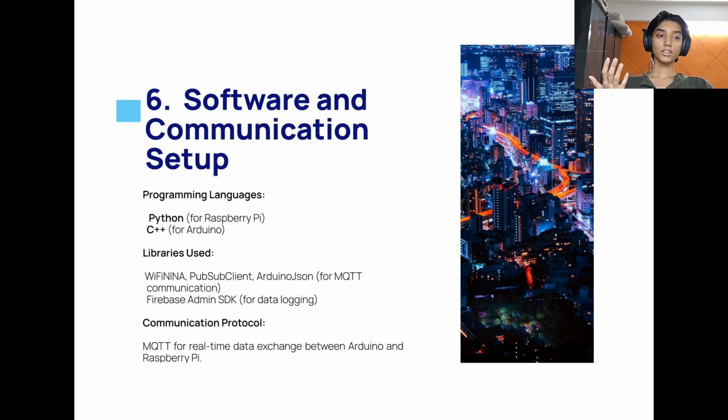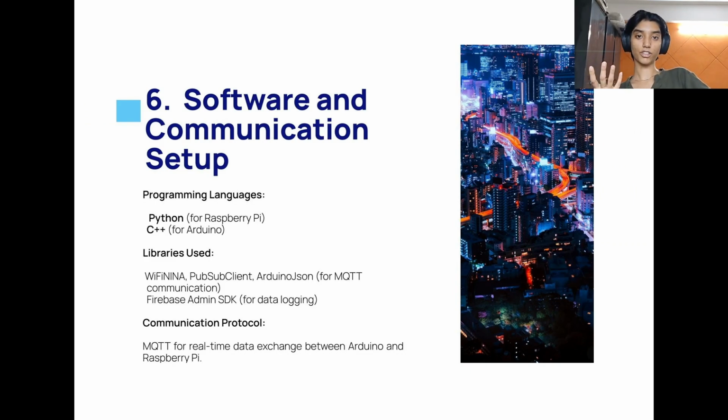And then I have the PubSubClient because it is a client-based application. Then ArduinoJson in order to create the React app. Then Firebase in order to store the data in the Firebase.